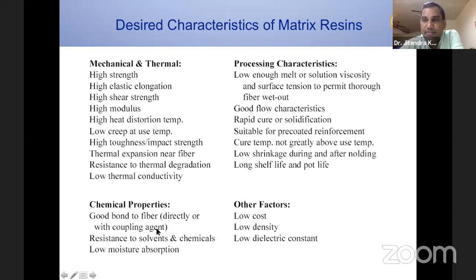And these are a few processing characteristics when you fabricate: it should have good flow characteristics, so that whatever the cavity is, it can easily fill it, and then you can fabricate the desired shape of that composite material.